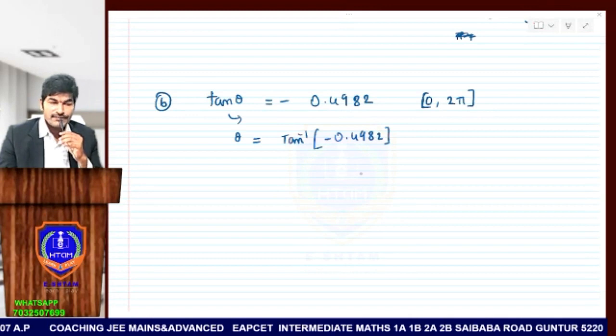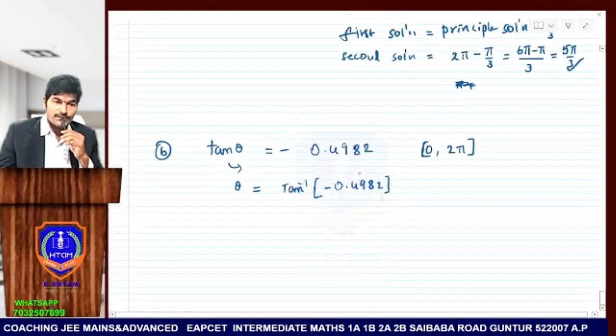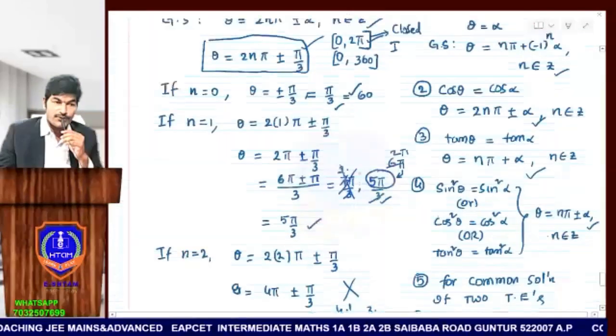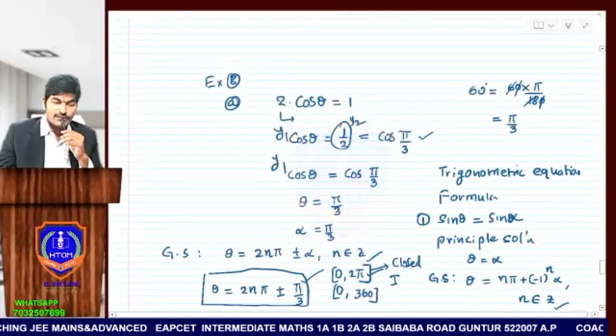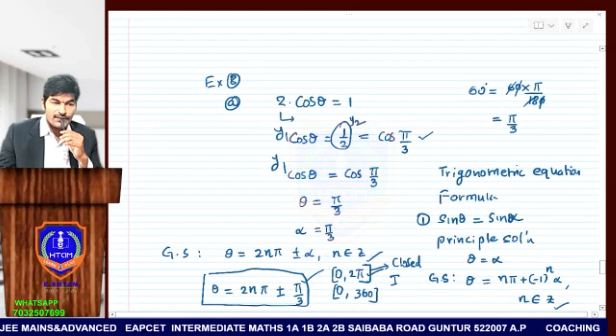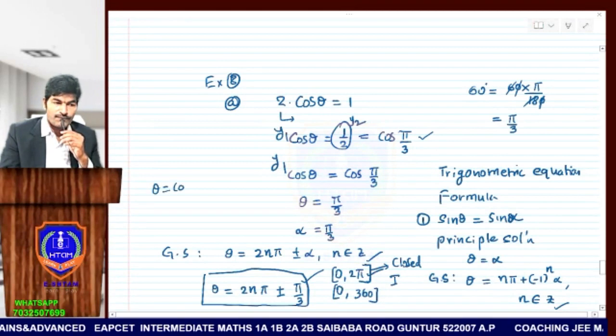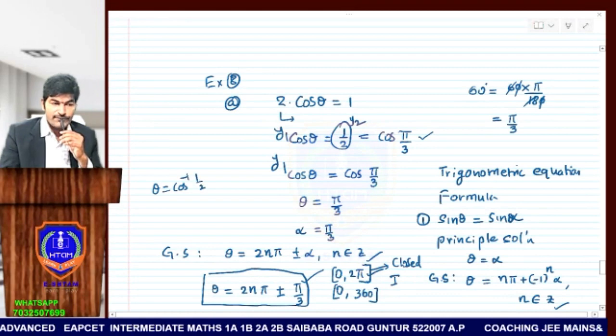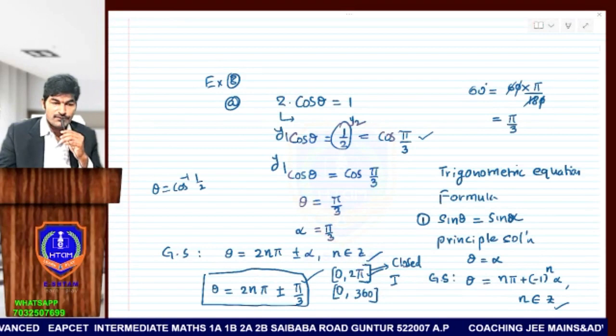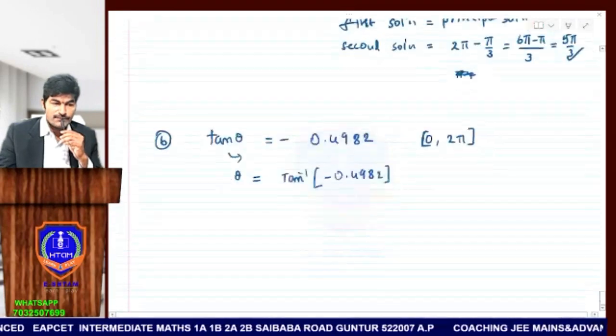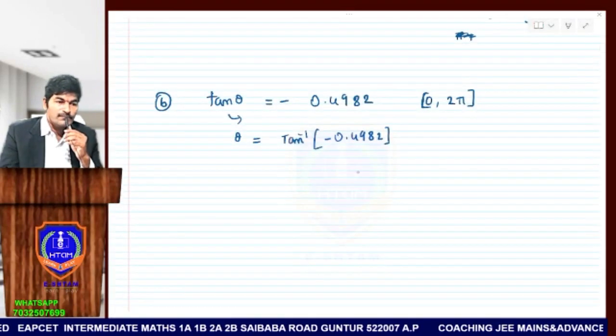If it was not expressible in direct values, then you can do this operation. In the previous question also, if you don't know how much cos theta is, 1 by 2, then you can write theta equal to cos inverse 1 by 2. 1 by 2 means 0.5. You can get the value from that using the scientific calculators.